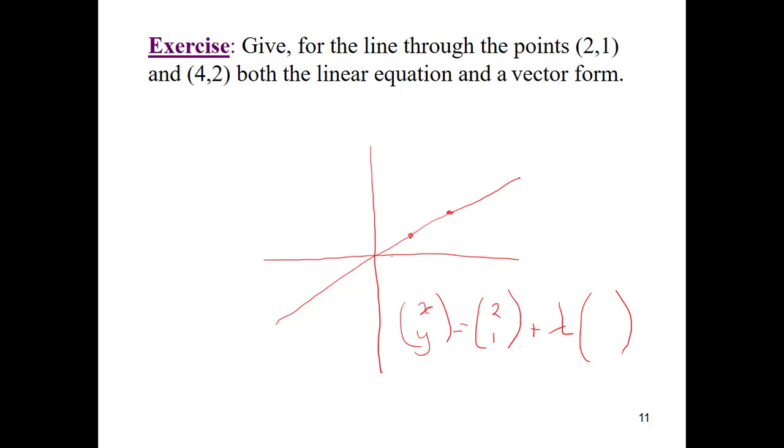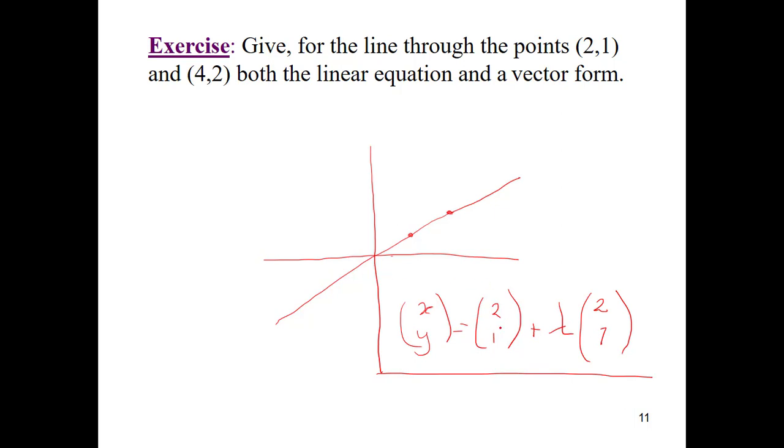In the x direction I have to go from 2 to 4, so that means a movement to the right of 2. And in the y direction, I have to go from 1 to 2, so that would be a movement of 1. So the vector form for this line is given with (x, y) being (2, 1) plus lambda times (2, 1).